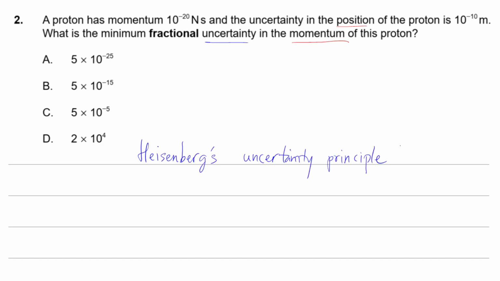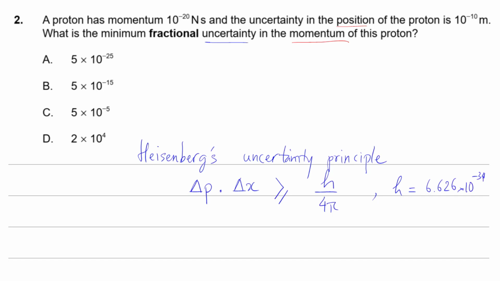This principle states that the absolute uncertainty in momentum multiplied with the absolute uncertainty in position of a particle, a tiny quantum particle, is always greater than or equal to the Planck constant h over 4 pi. h is the constant that's given in the data booklet, which is 6.626 times 10 to negative 34, and I don't mention the unit here.